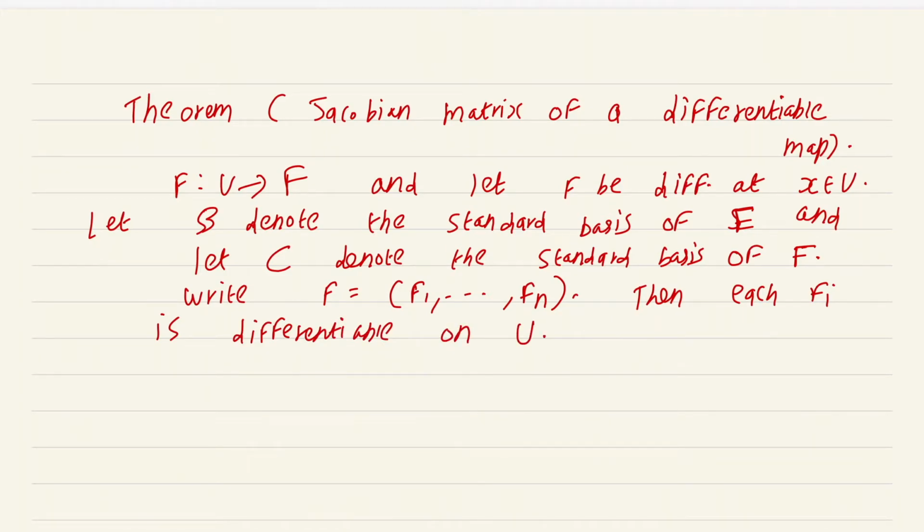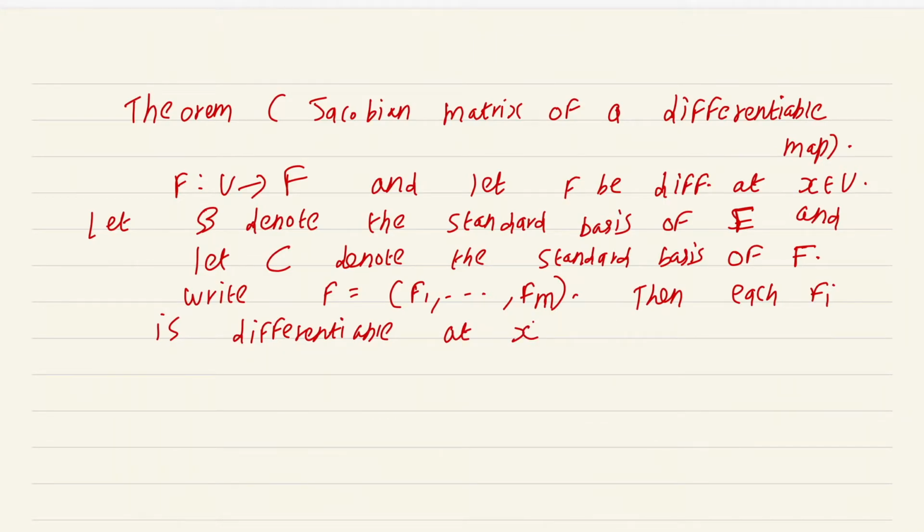These fi's are nothing but scalar valued functions of a vector variable. These fi's are the various components of the function f, each of which would be scalar valued. So there will be m of them, not n of them, because E is Rn and F is Rm. Each fi is differentiable not on U but at x, because we assumed differentiability of f only at the point x.